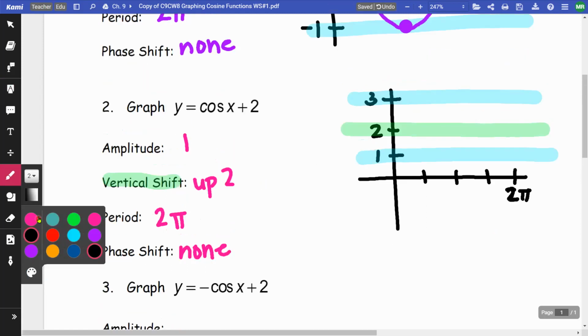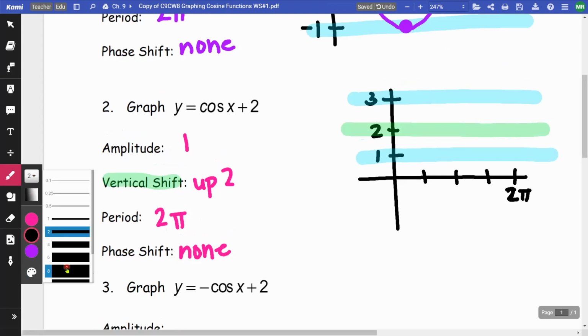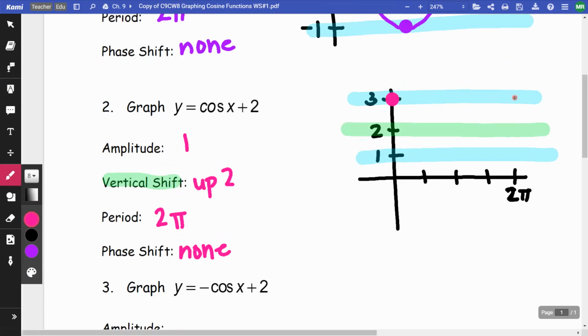So I'm going to be starting at my high, which is going to be 3, and ending at 3. Okay, so start at 3, my end is at 3. Halfway in between, I'm at my low, which is 1. And then in between those, I'm going to be at 0. And then in between these, I'm going to be at 0.